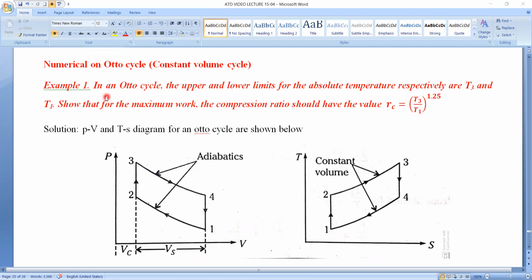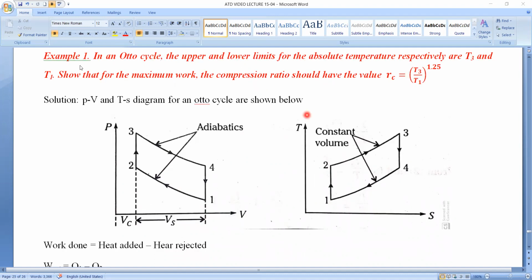In an Otto cycle, the upper and lower temperature limits are respectively T3 and T1. Show that for the maximum work, the compression ratio should have the value rc equals (T3 by T1) raised to 1.25. So what has he given?